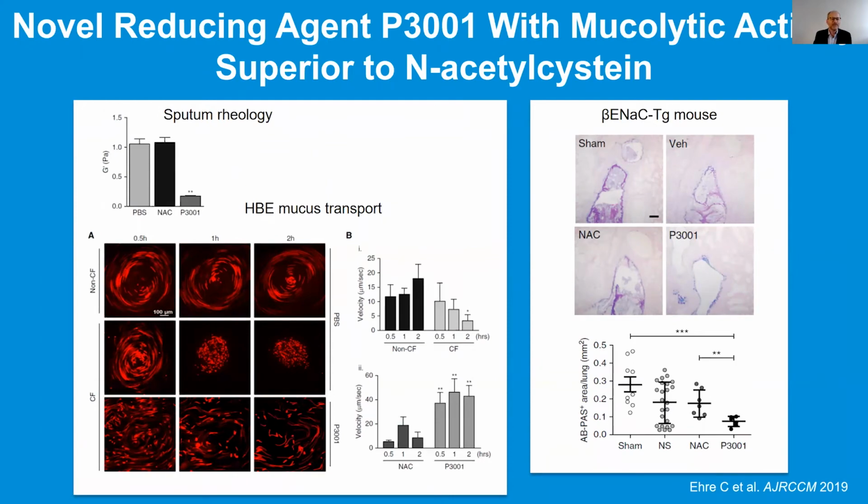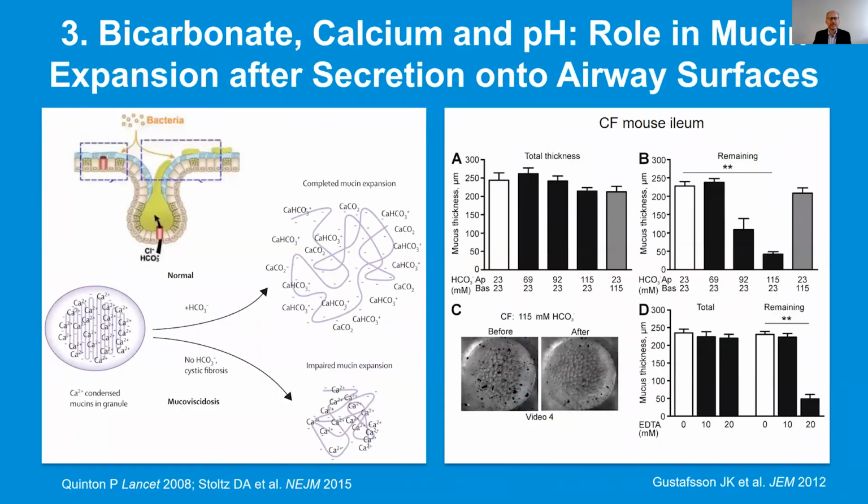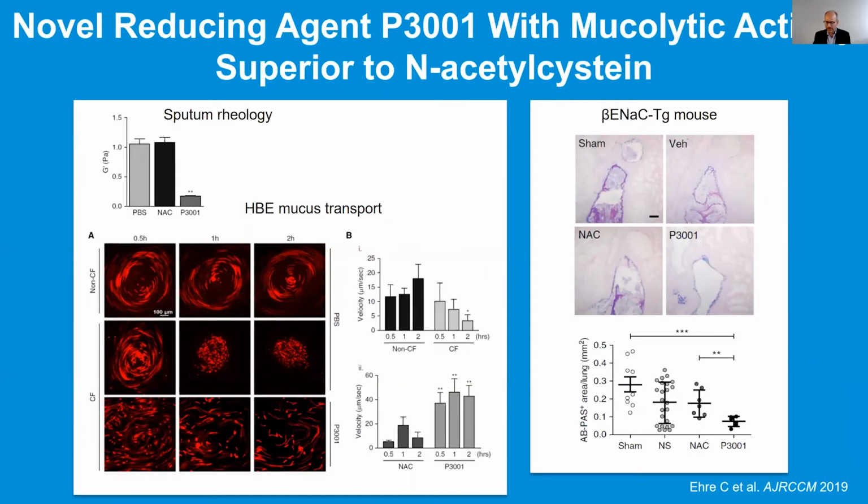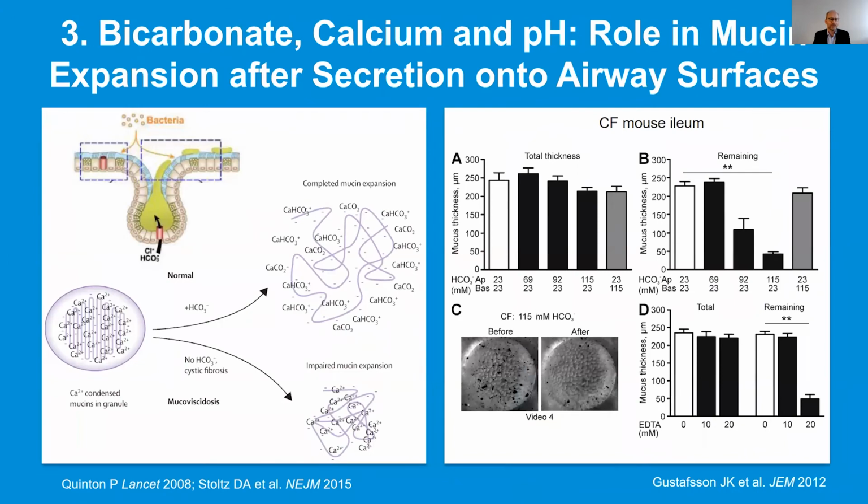So taken together, these results really suggest that these new reducing agents are promising to reduce mucus plugging and have beneficial effects in vivo. Third, bicarbonate, calcium, and pH.